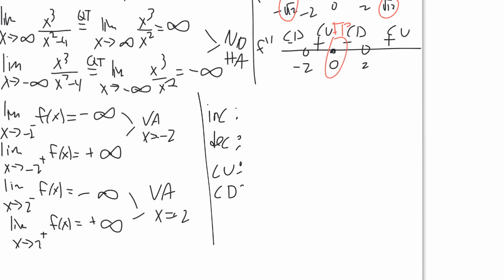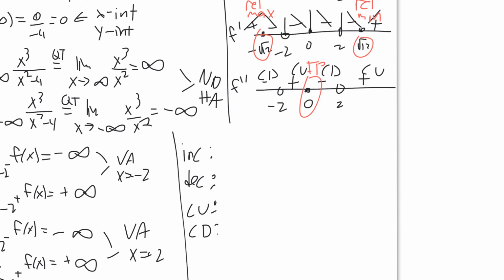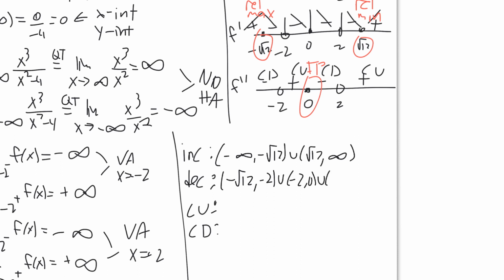Again, we read this directly off of the sign diagrams. So it's increasing from negative infinity to negative root 12, union root 12 to infinity. It's decreasing on negative root 12 to -2, union -2 to 0, union 0 to 2, union 2 to root 12.